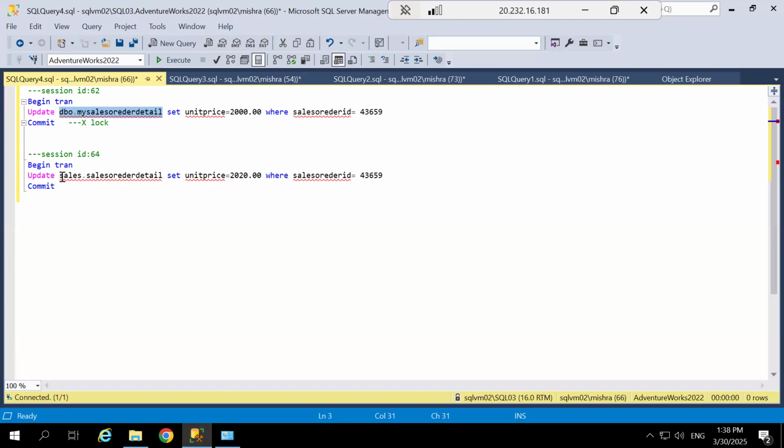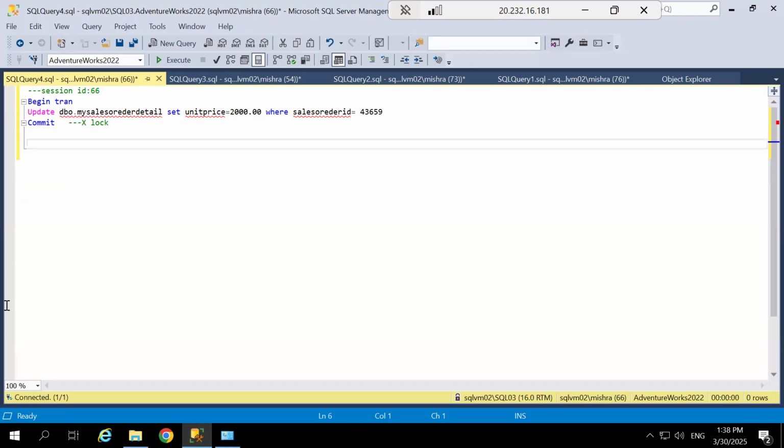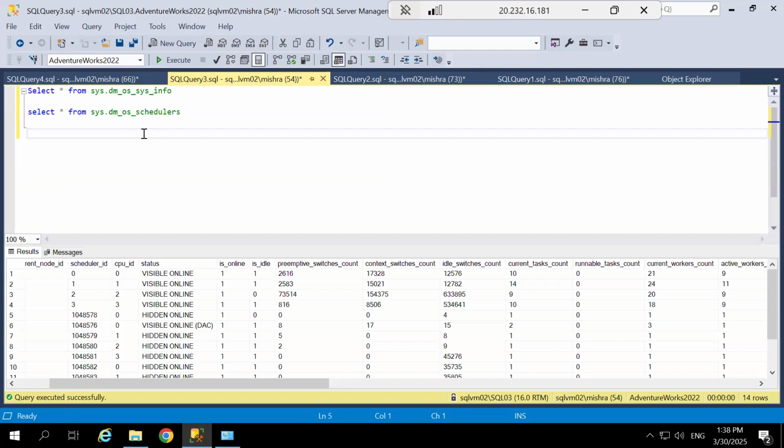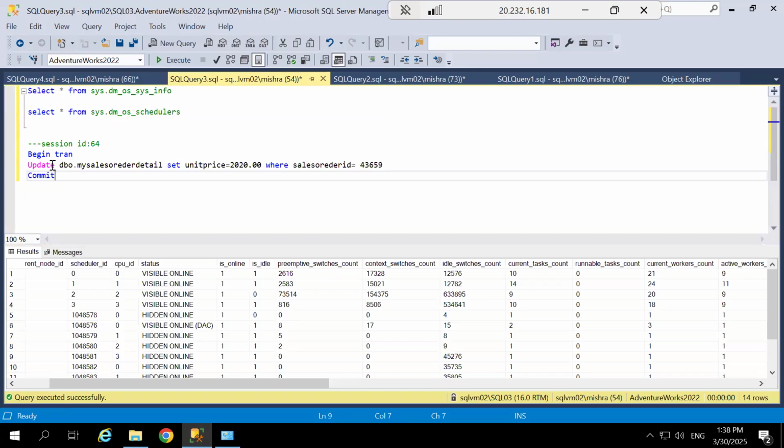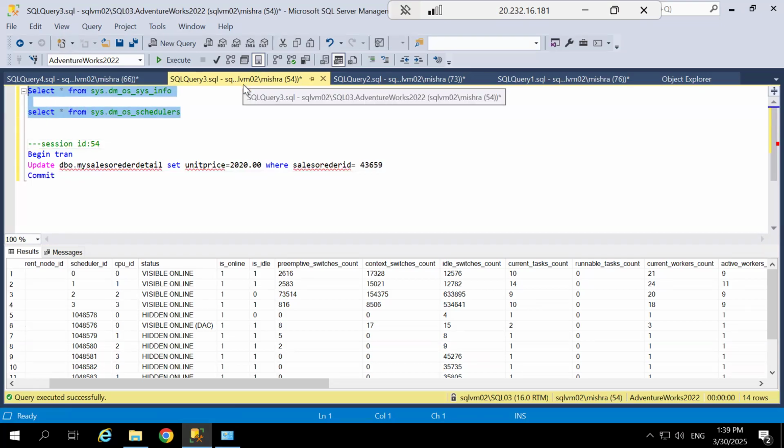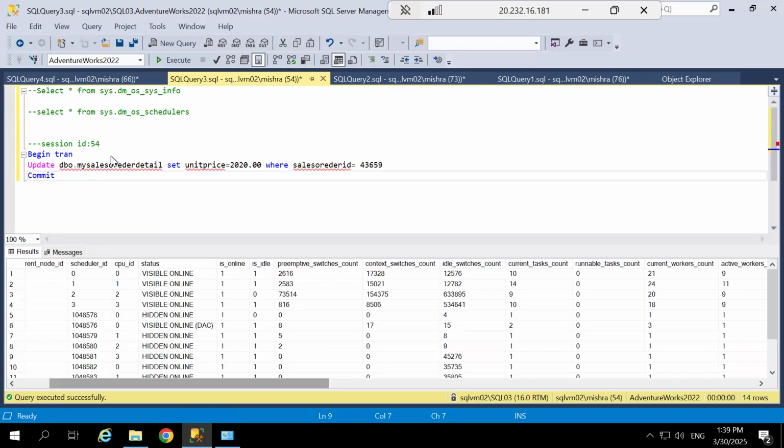Control C, Control V, 2022 for this. This we are executing from session ID 66. Let us copy it into a different session, say, for example, this one, 54. Let's comment this out.